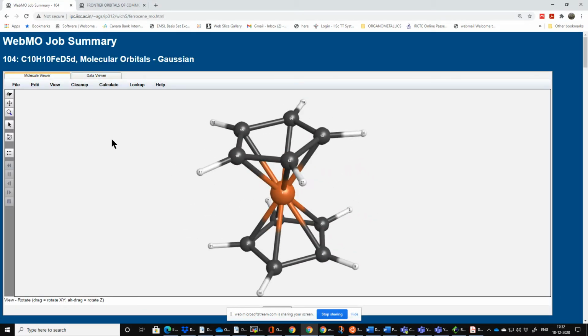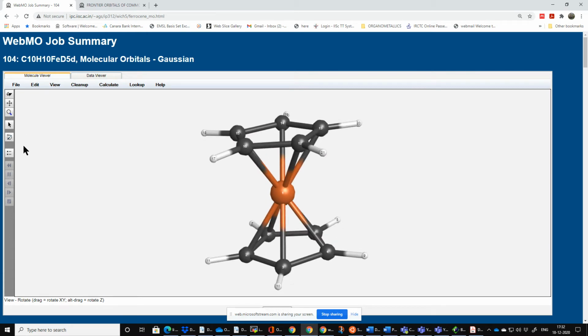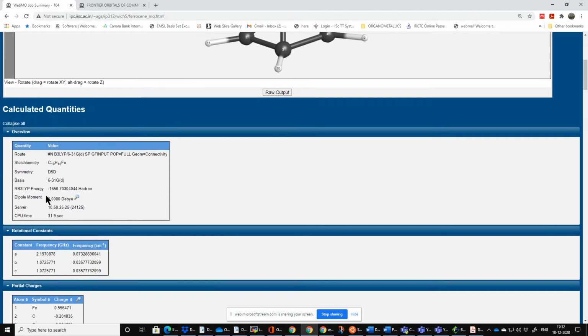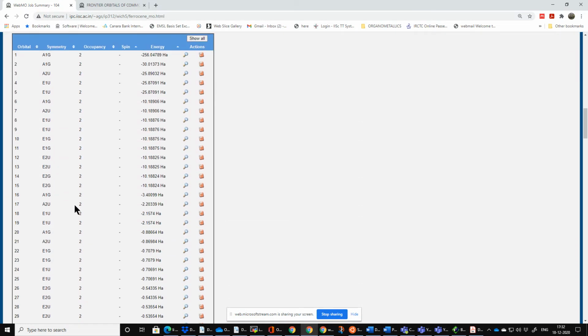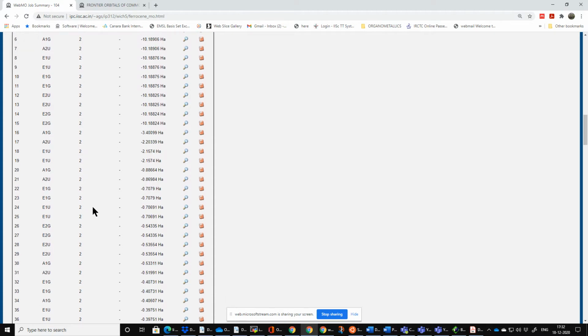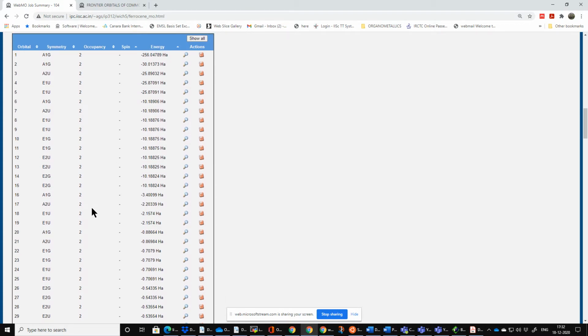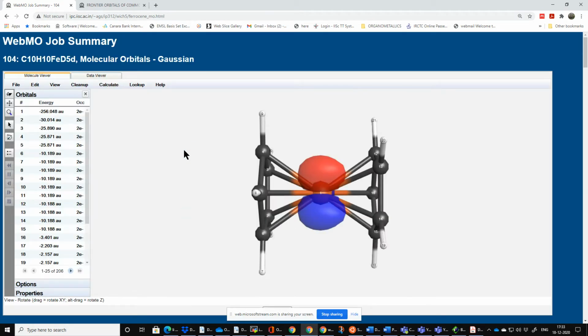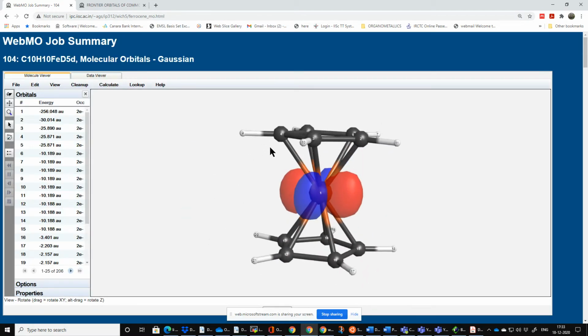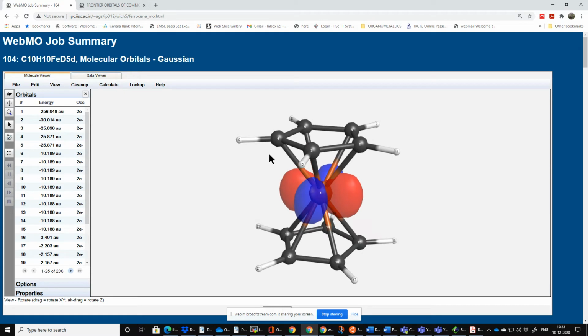Here is the molecule of ferrocene, and if I scroll down this web page, I see that the orbitals of this molecule are listed below, and I can go to the section which says 48 orbital, for example, is the highest occupied molecular orbital. If I click on this magnifying glass, I would be able to see the highest occupied molecular orbital on ferrocene.